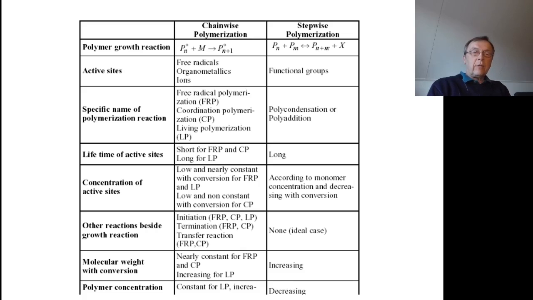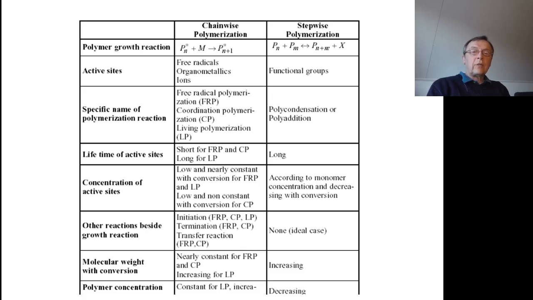For that reason, the specific name of the polymerization reaction that produces the macromolecule can either be a free radical polymerization, where we initiate the growth of the macromolecule by the addition of initiators that decompose to free radicals.